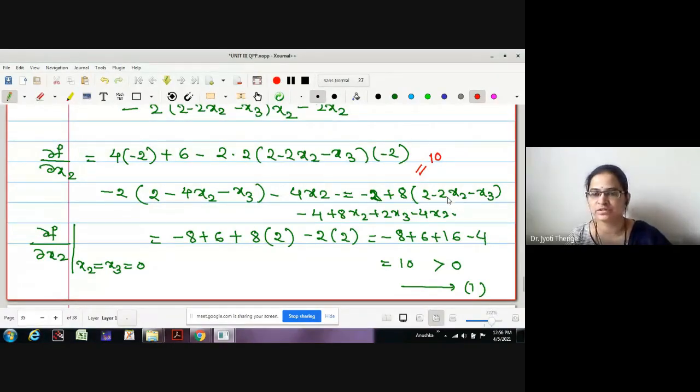Then tell me the coefficients of x2. Minus 16, minus 4, this is minus 20 plus 8. Minus 12 x2. x3: minus 8 plus 2.